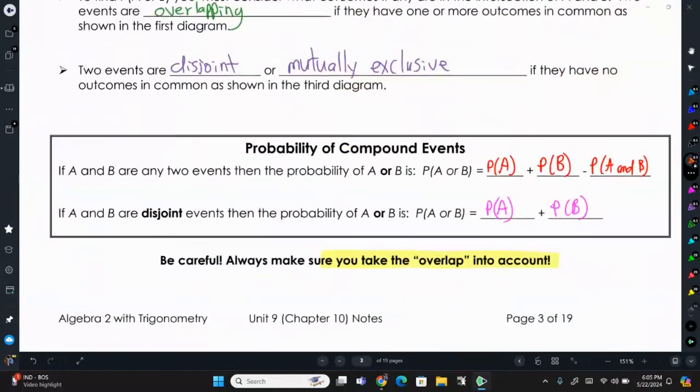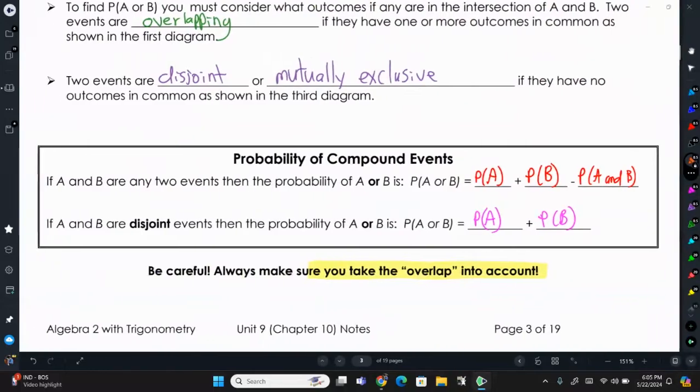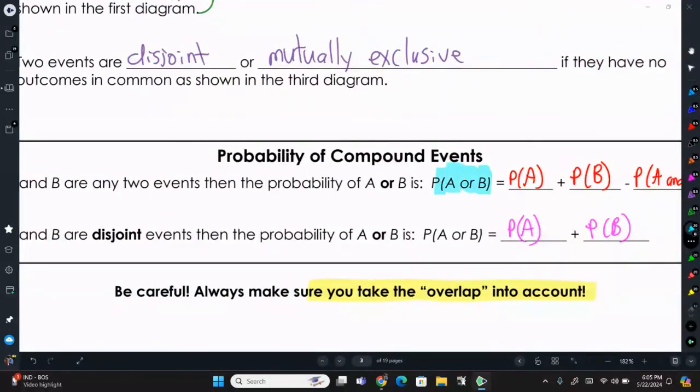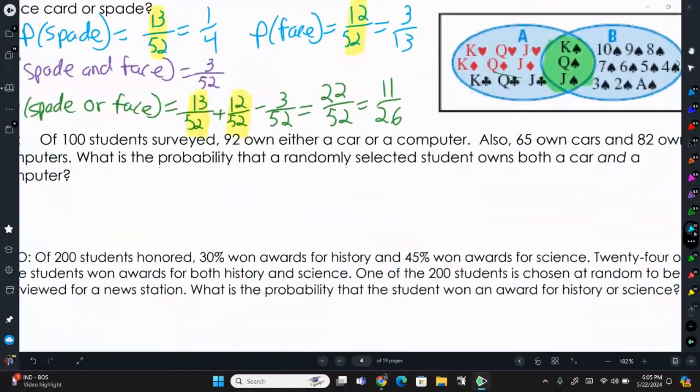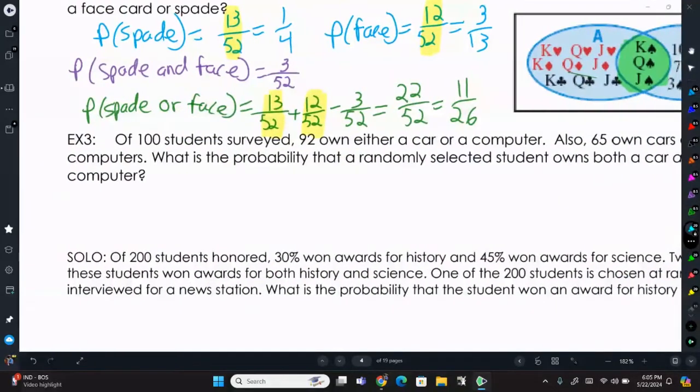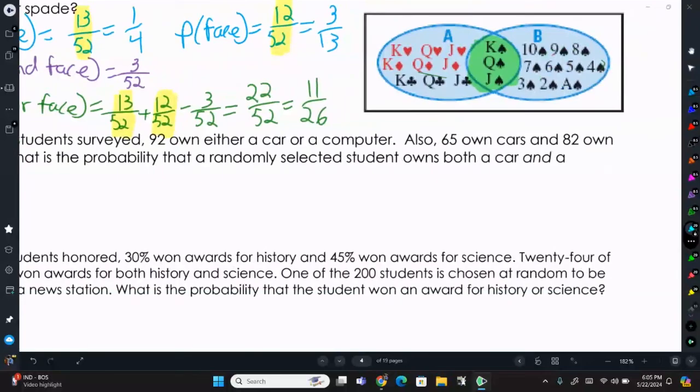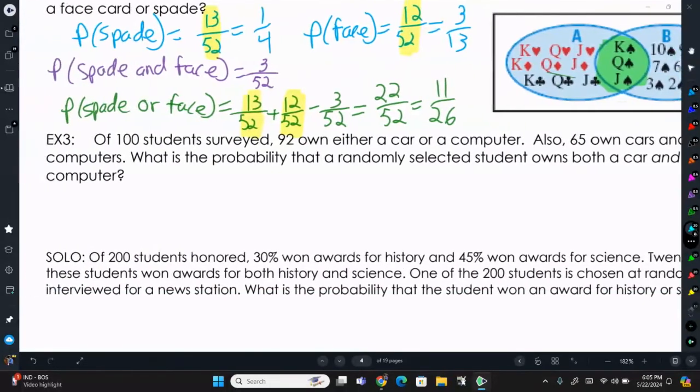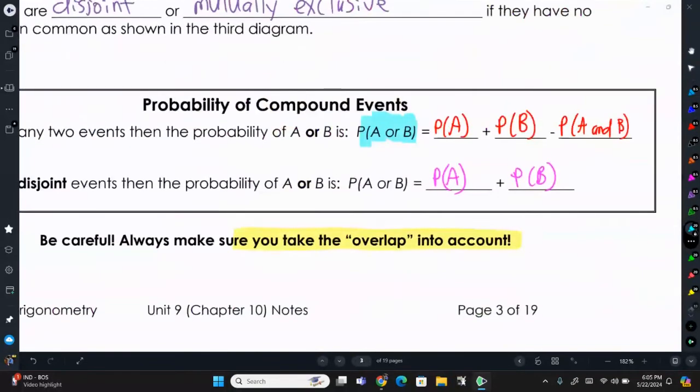So we have in the formula, we have this part. We also have that 65 own cars and 82 own computers. What is the probability that a randomly selected person owns both a car and a computer? What we're trying to figure out here is this one.